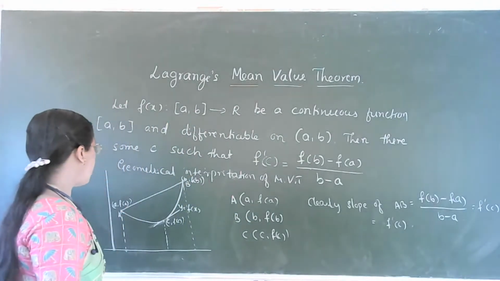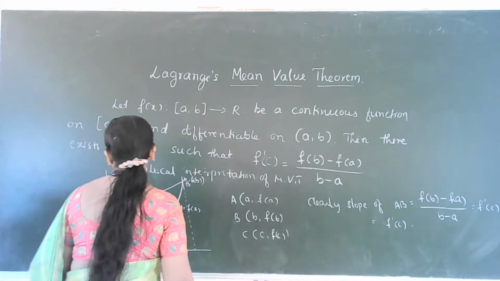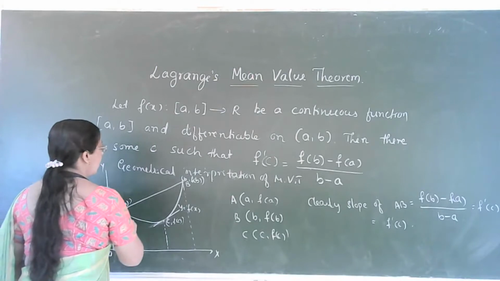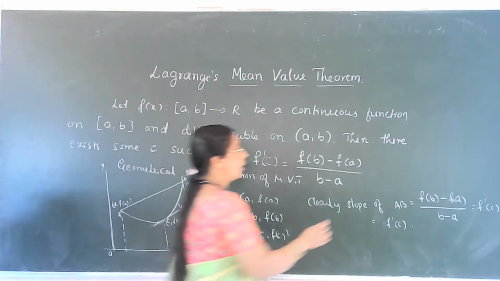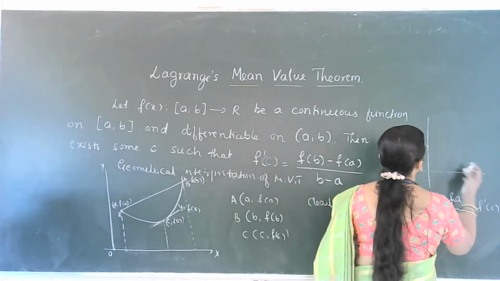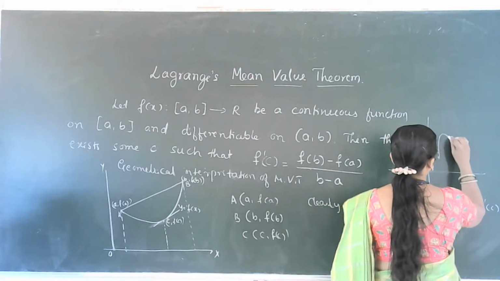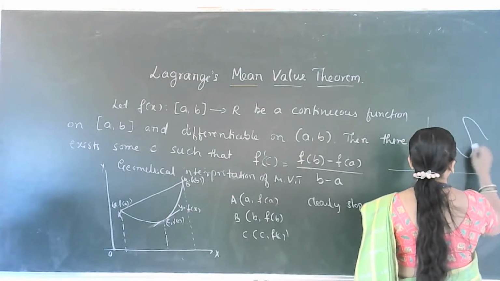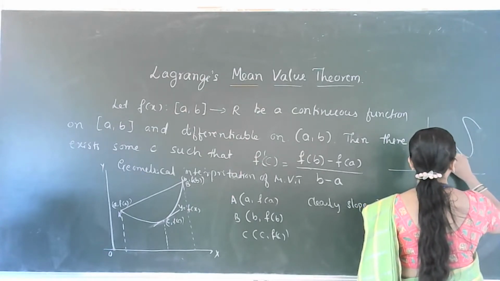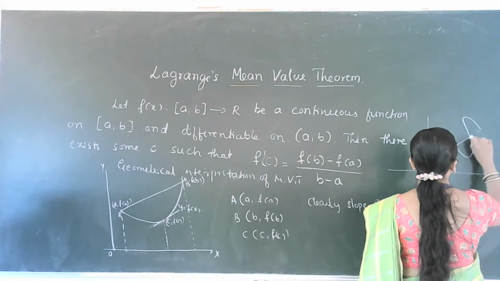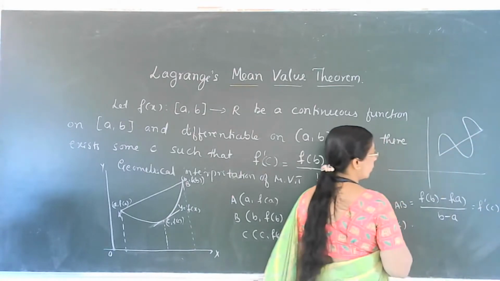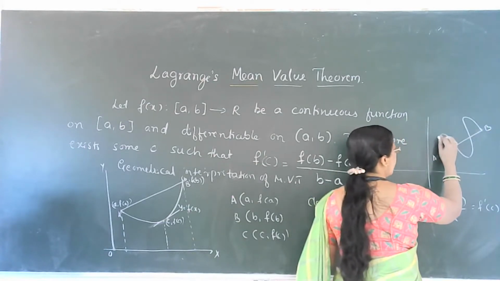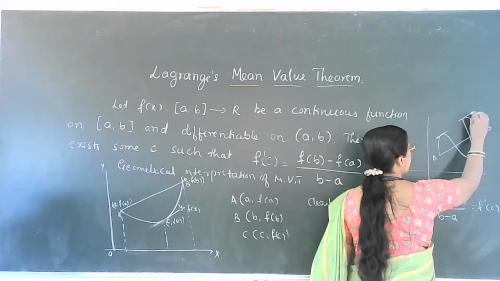I think you now understand the geometrical interpretation. Here it is x, 0. We draw the graph here. It may be this type also, this type also. Here it may be this A, this B. Then we draw the tangents here.